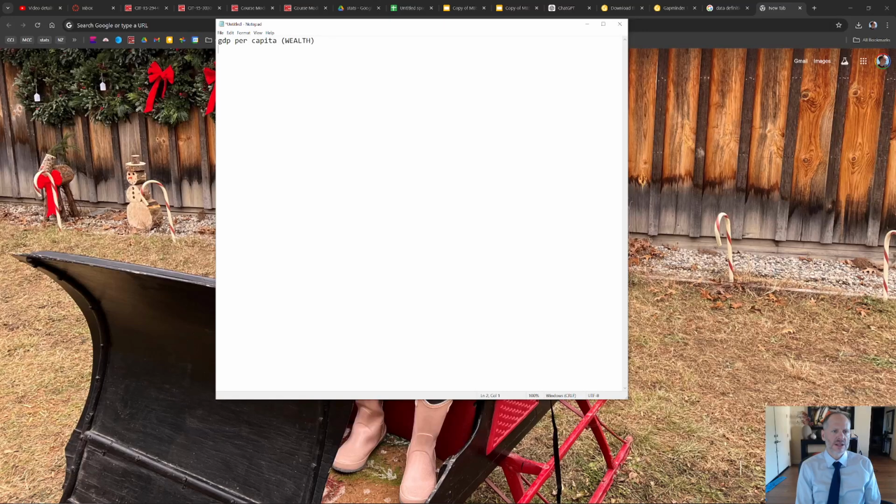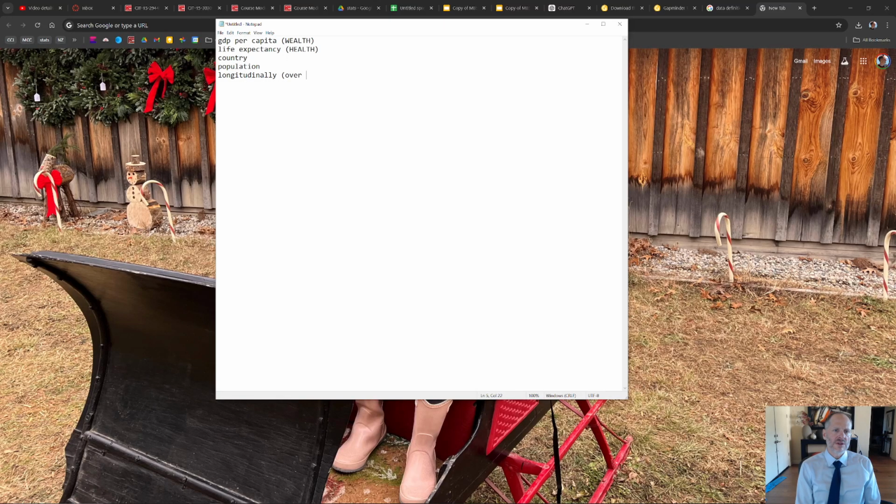And I also want it to show us life expectancy, and we'll call this health. Okay, health. And then in addition, I want it to show us every country. I want it to show us this for every country in the world. I want it to show us the population of the country. I want it to show us this data longitudinally.